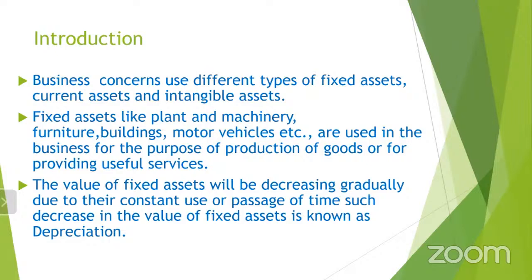Such decrease in the value of fixed assets is known as depreciation. How we calculate it, we will see in the next class. We calculate the depreciation only on fixed assets.